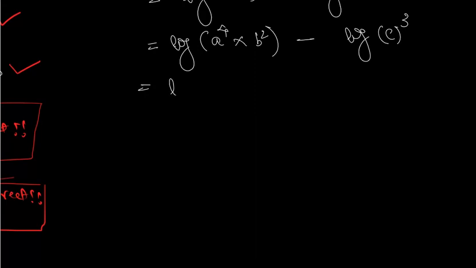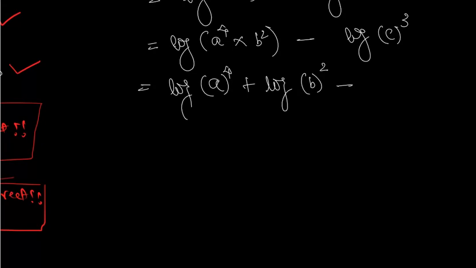So this I will write as log of a raised to 4 plus log of b raised to 2, right? The product, that is the multiplication, gets converted into addition. The first law, product law, minus, you see the c cube, log of c cube.